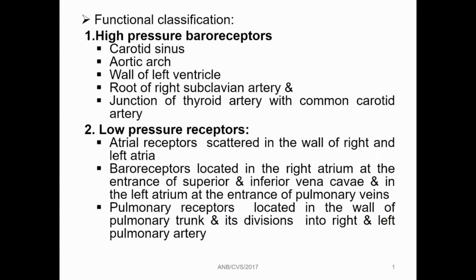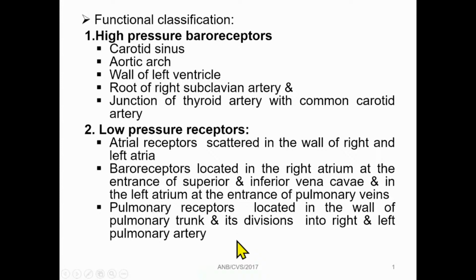These atrial receptors are the low pressure receptors, since the blood pressure in the atria is less than in the ventricles. The pulmonary receptors are located in the wall of the pulmonary trunk and its division into the right and left pulmonary arteries.